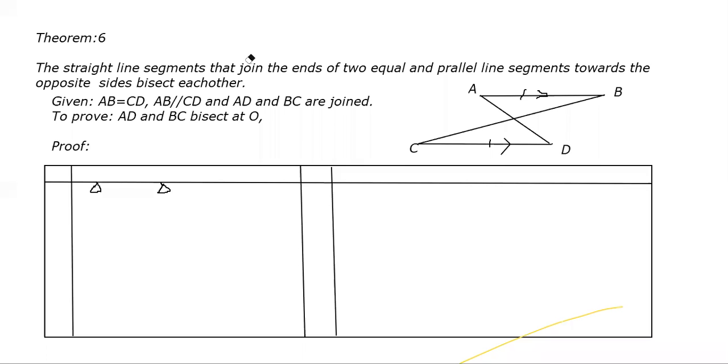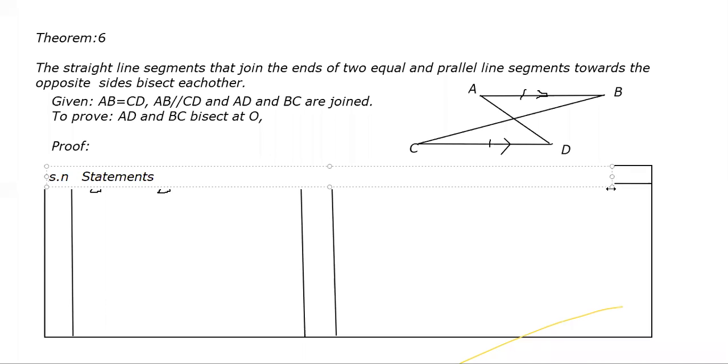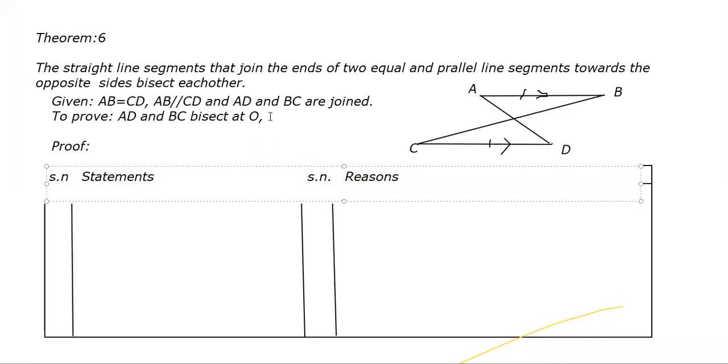Okay, now next, theorem 6. Two lines are here, AB and CD. Both are parallel and equal as well. The line segments that join the ends of two equal and parallel line segments toward the opposite side bisect each other.